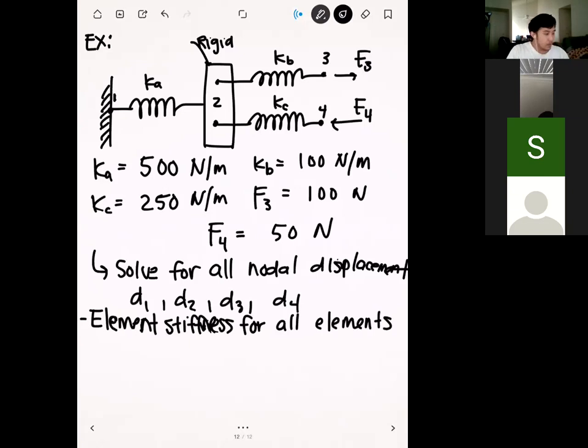I'll start it on this side, and then I'll continue it on the next page. So let's do element A first. That's Ka. Ka is connected to nodes 1 and 2, and it has a spring constant of Ka.